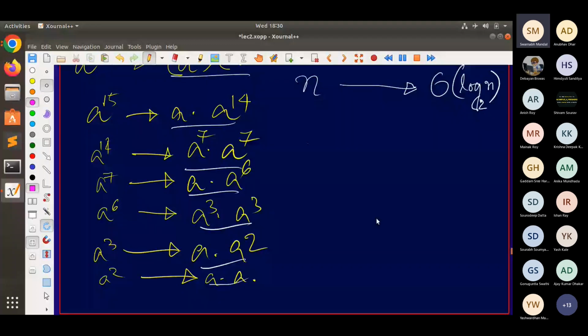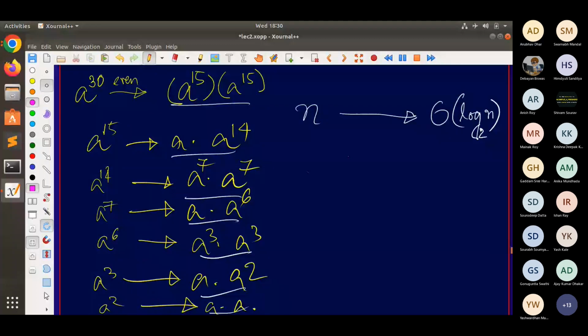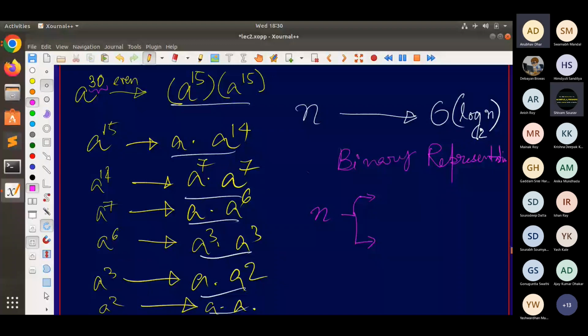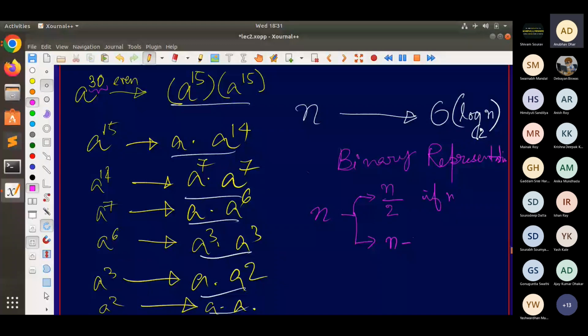Can you repeat once what you just said? Okay, so I'm assuming that everyone knows about binary representations, right? Yes. Okay, so basically if this number is n, then at each step one of these two things happens. You either go to n by 2 if n is even, or it's n minus 1 if n is odd.